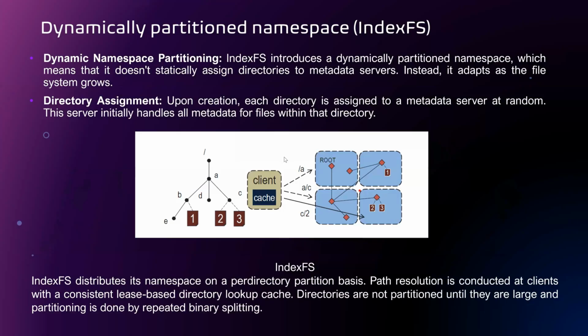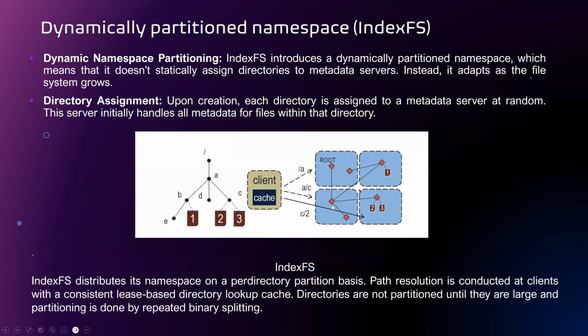So dynamically partitioned namespace. What do we mean by dynamically partitioned namespace? If you see here, these red diamonds are all directories. A diamond pointing to the next diamond represents subdirectories. If this is the main row, then the ones below are the subdirectories inside it.